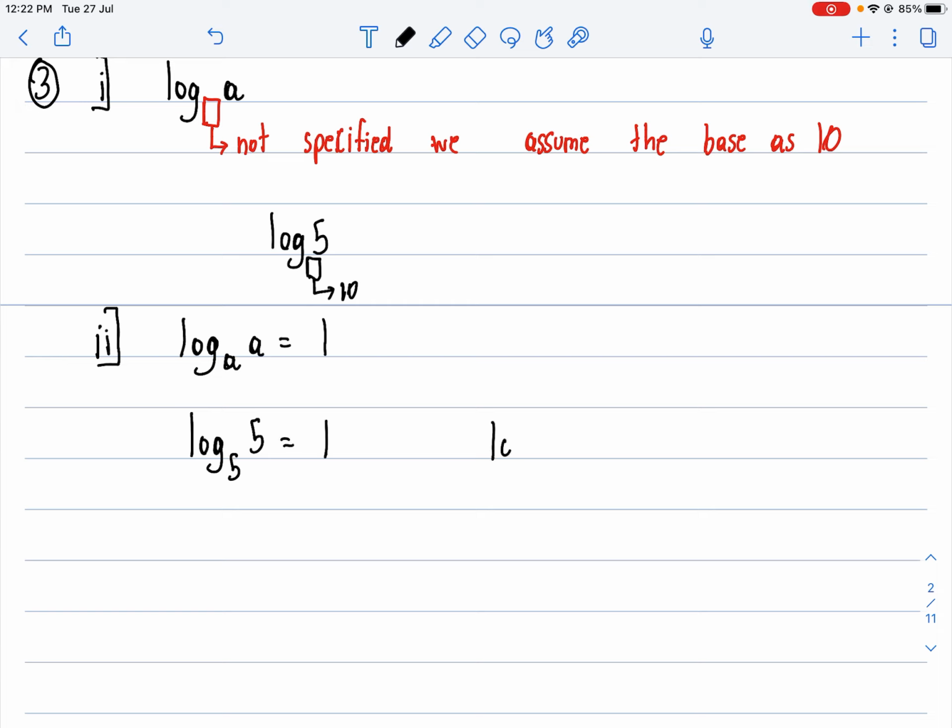Or if I have only log 10, even this will be equal to 1, because as the base is not specified, we take the base as 10, and as the number and base are equal, we simply get 1.